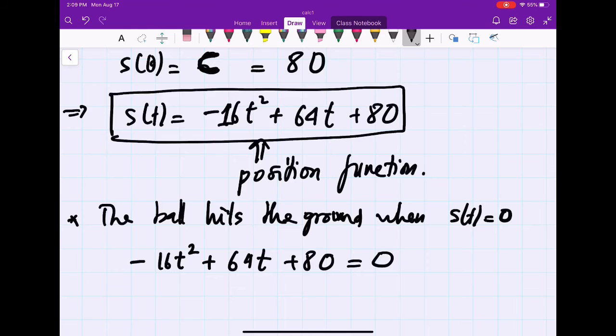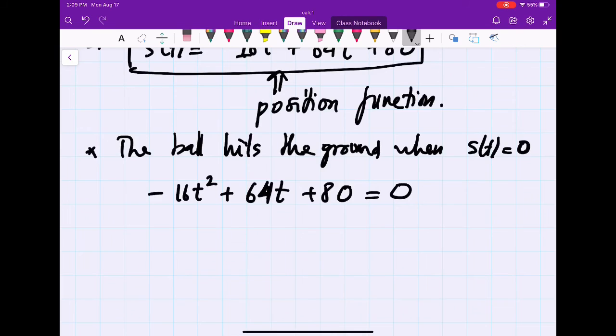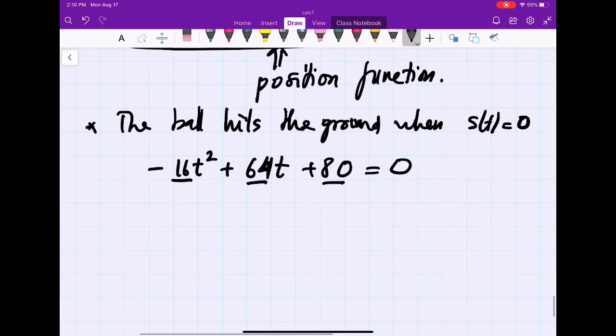Is that correct? We have the quadratic formula, but before that I want to simplify a little bit, because I see 16, 64 and 80, right? So we might simplify by 16. So I have negative t squared here, plus 4t, and here I have 5, equal to 0.